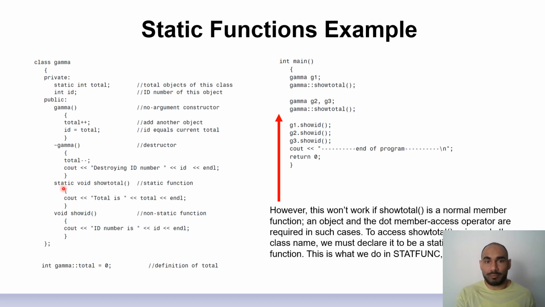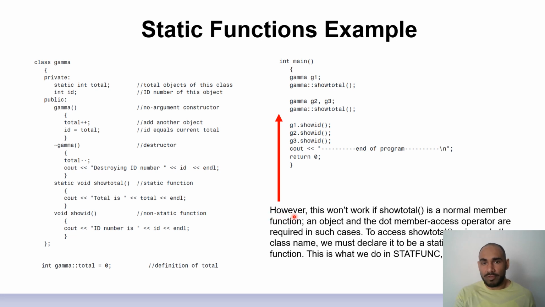However, static member functions should be called like this. The reason is that static member functions do not belong to any object. Static member functions or data are shared by all the objects, so they shouldn't be sticking to any specific objects. So this is a more natural way of calling them.